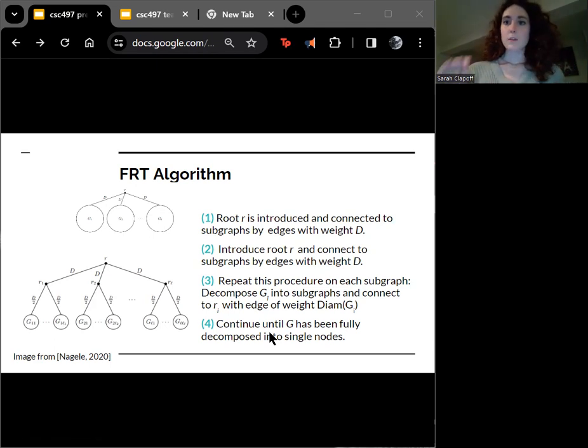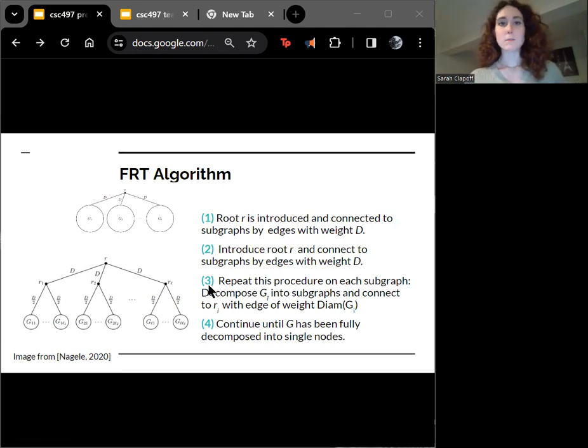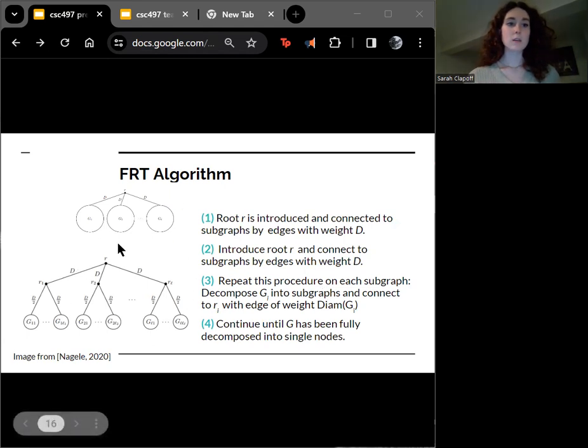And so now all of the leaves of T are exactly the nodes of G. The decomposition procedure, the procedure that makes these partitions, these subgroups, the partitioning itself is randomized. And so as a result, T is a random tree that's produced as part of the distribution. So in the end, you get this tree, and we know that it's a random tree because the decomposition procedure is randomized.